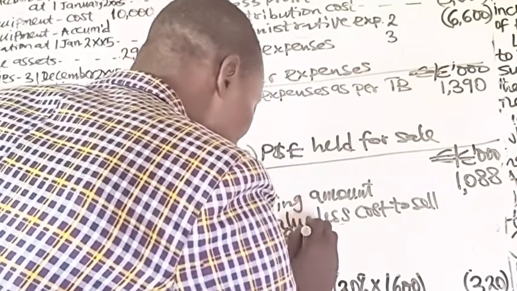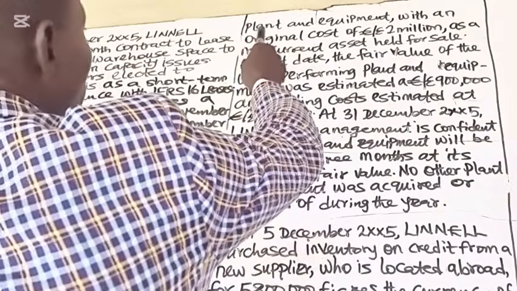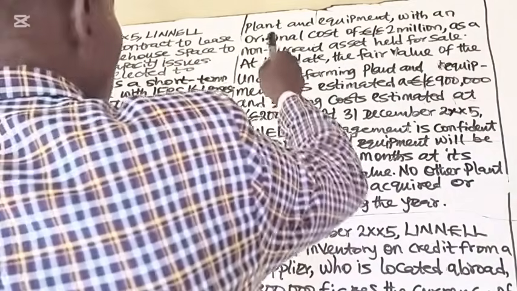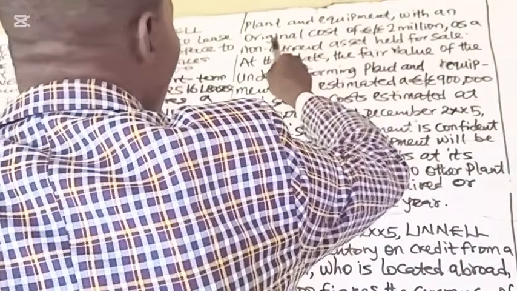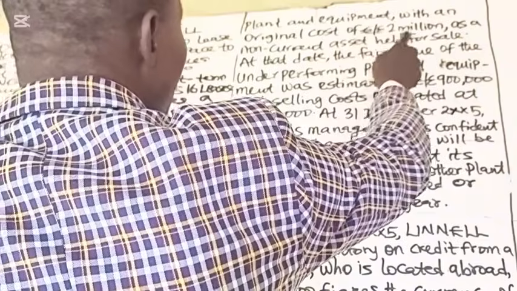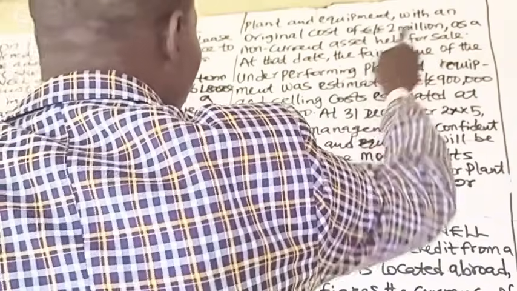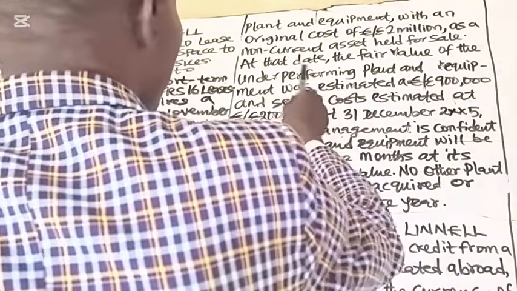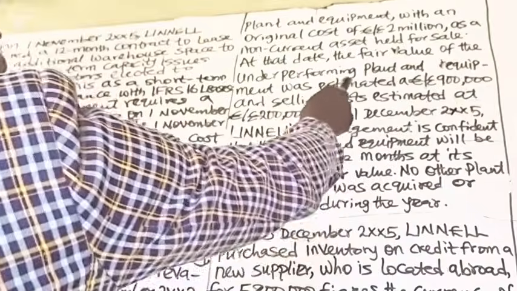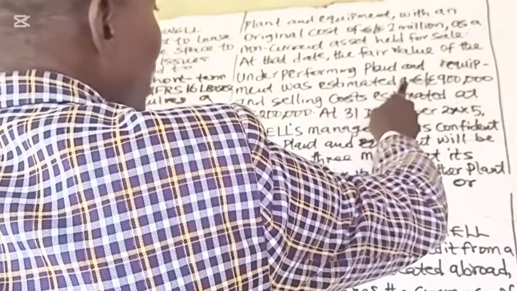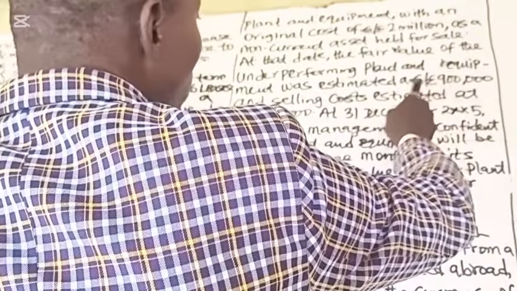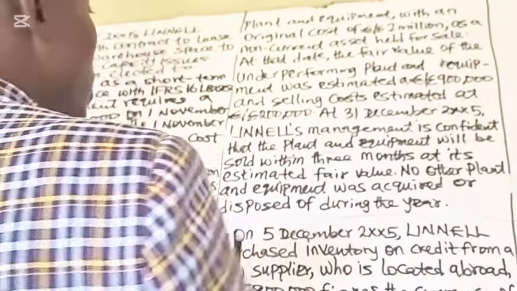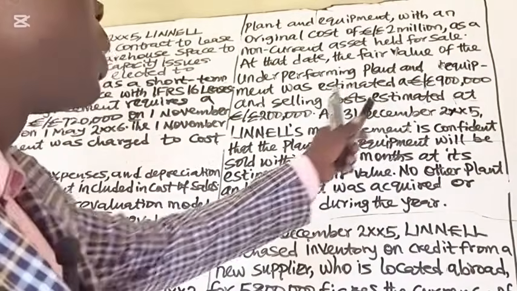Net realizable value. From note 2, you were told that plant and equipment with an original cost of 2 million is classified as a non-current asset held for sale. At that date, the fair value of the underperforming plant and equipment was estimated as 900,000 euro and selling cost estimated at 200,000 euro.